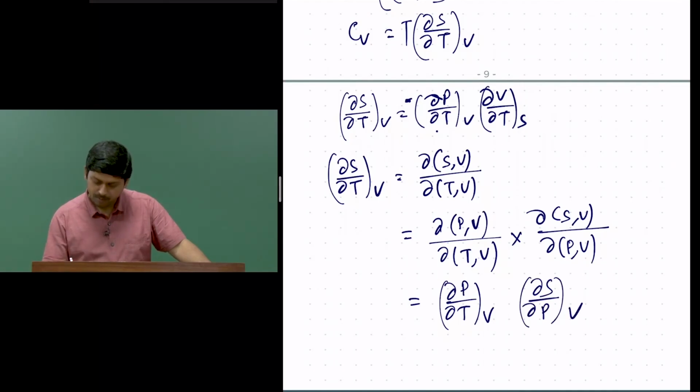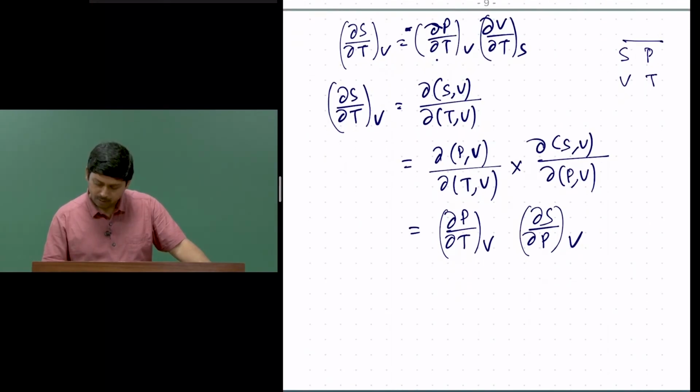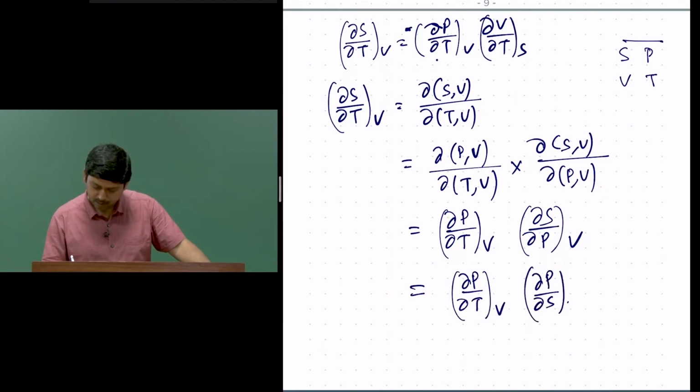Now, we are going to use Maxwell's relation, S P T V, and we know del S by del P... okay, here it is. So, one more step, del P by del T at V, then it is del P by del S at a constant V, but inverse of that.